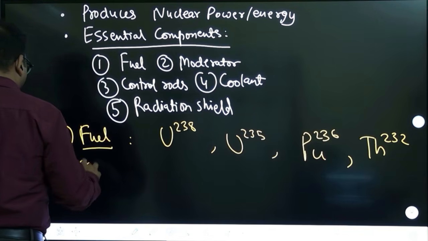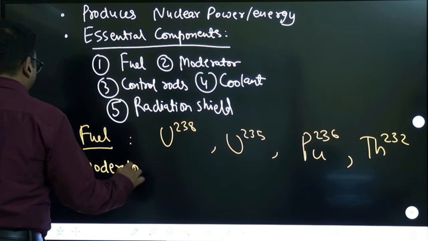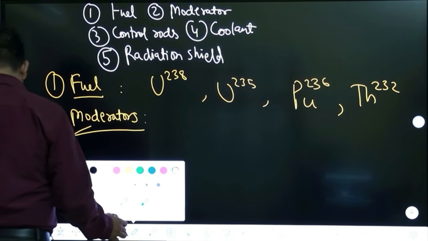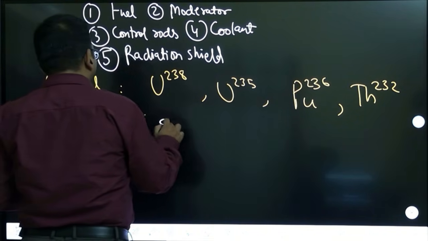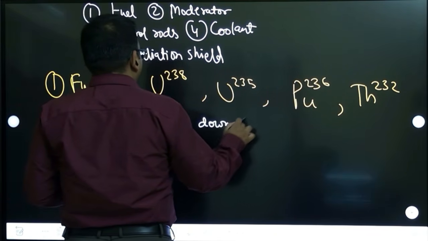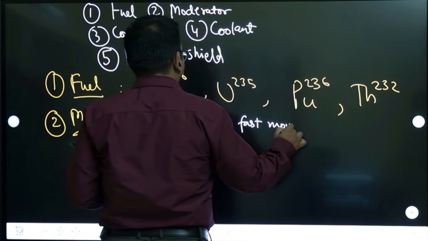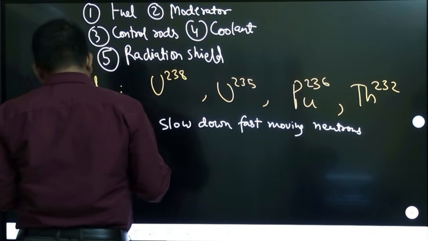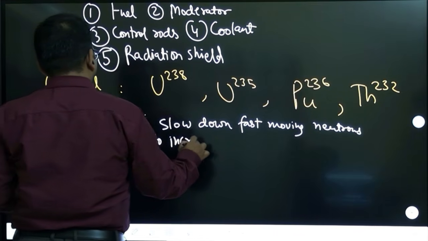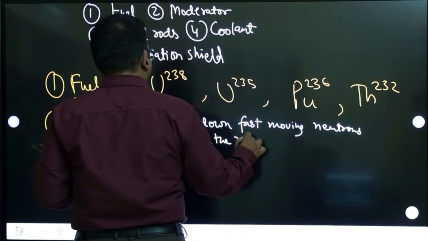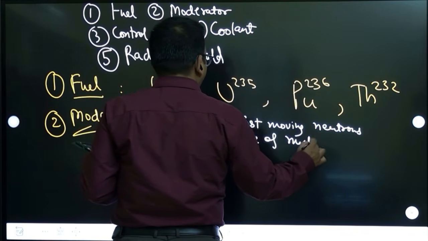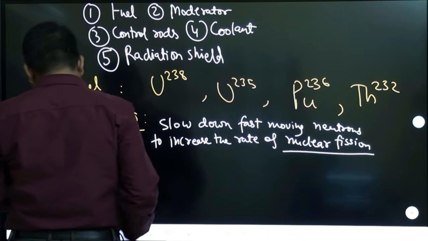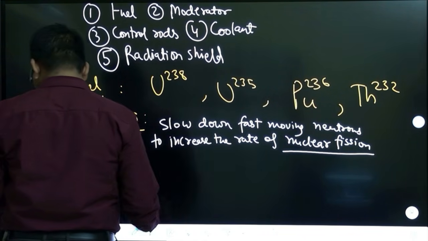Then next, moderators. Already we discussed moderators. What is the purpose of those moderators? The purpose is to slow down fast moving neutrons, to increase the rate of nuclear fission, because fast moving neutrons may not do the nuclear fission reaction.